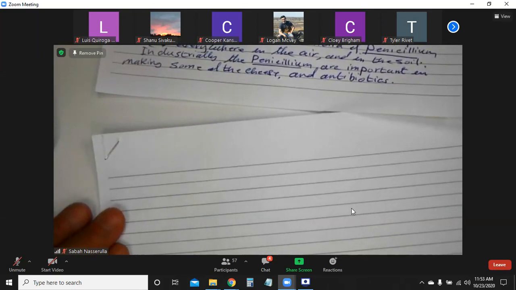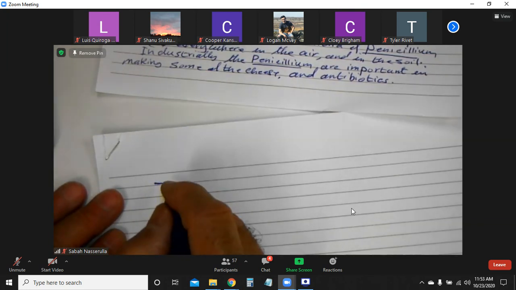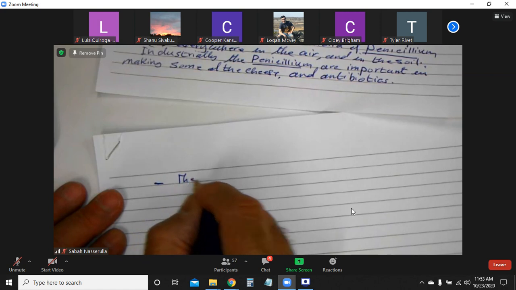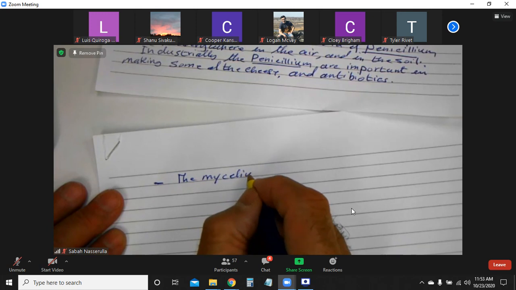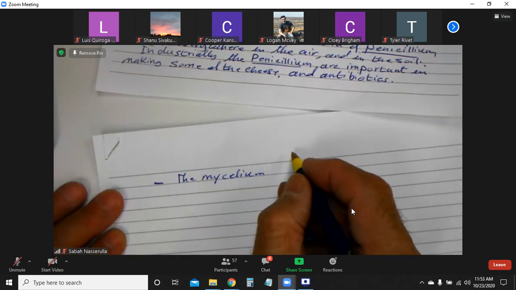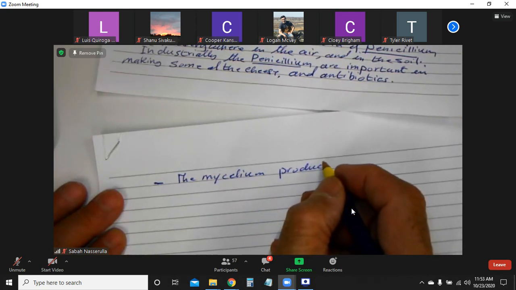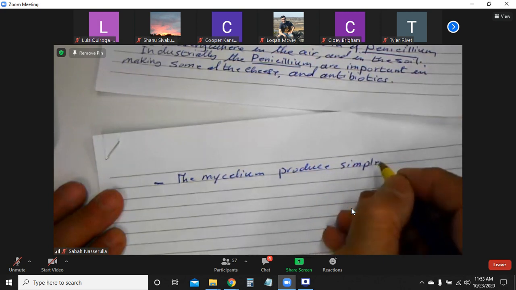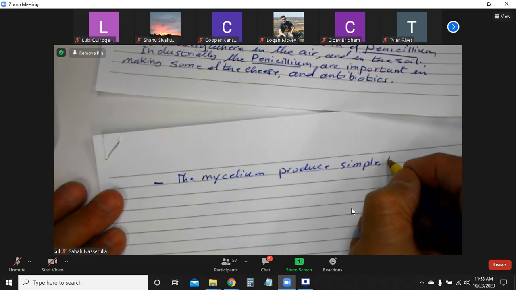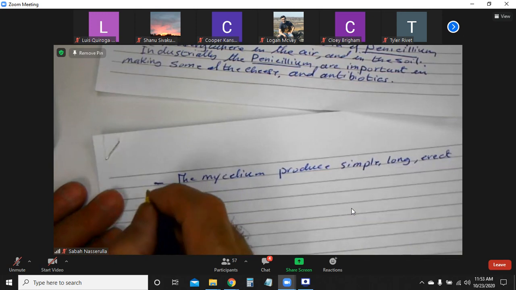As for its morphology, basically the mycelium of Penicillium produces simple, long, erect conidiophores.